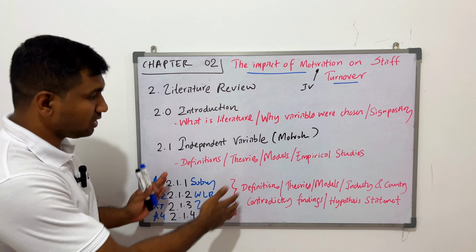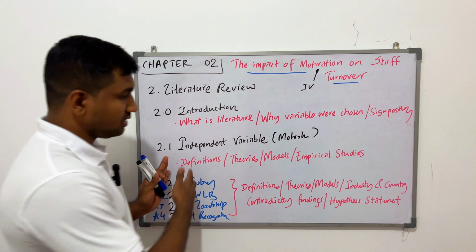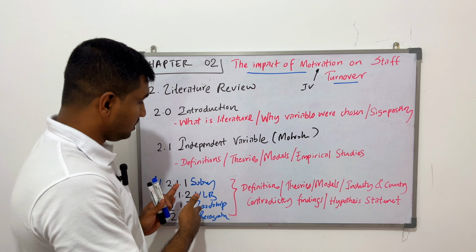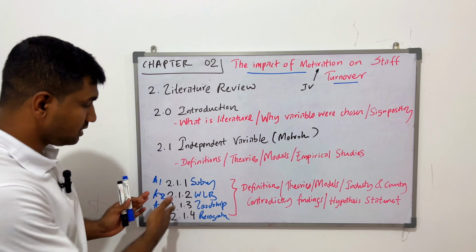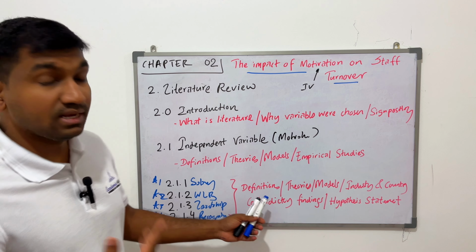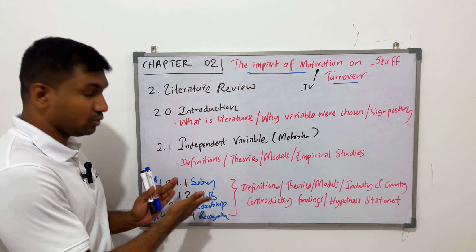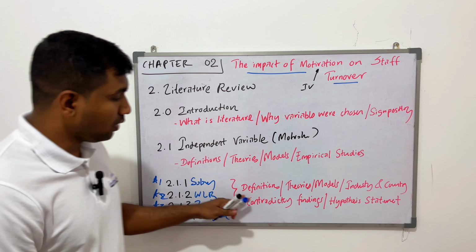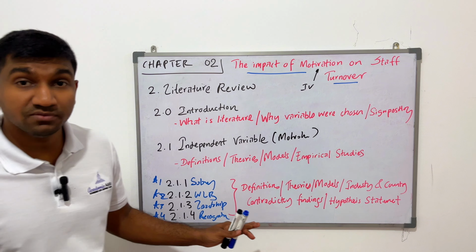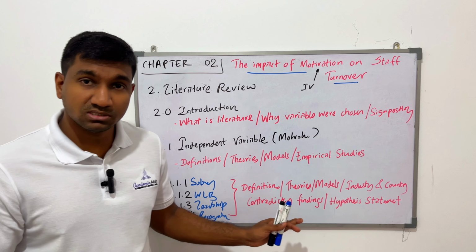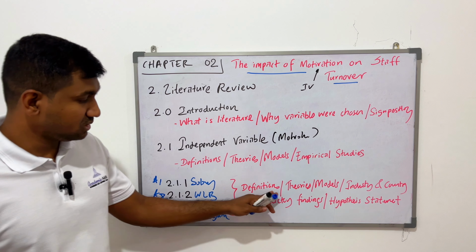These are all part of similar content you need to cover here as well, just like the independent variable. So here you can cover the definitions again. Now imagine you are under 2.1.1, salary. How important is salary, the financial benefits in an organization for employees? You can discuss things like that.